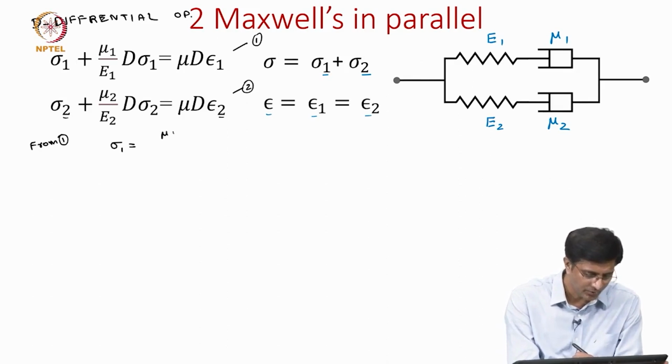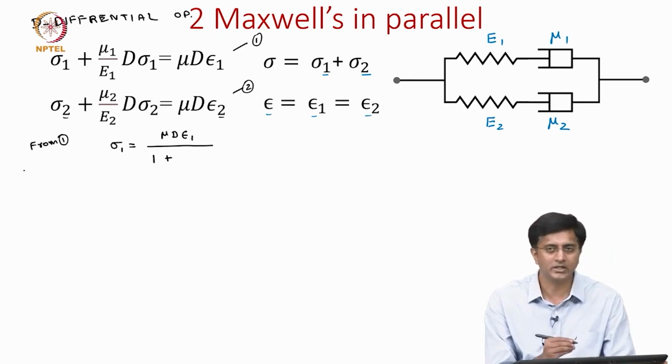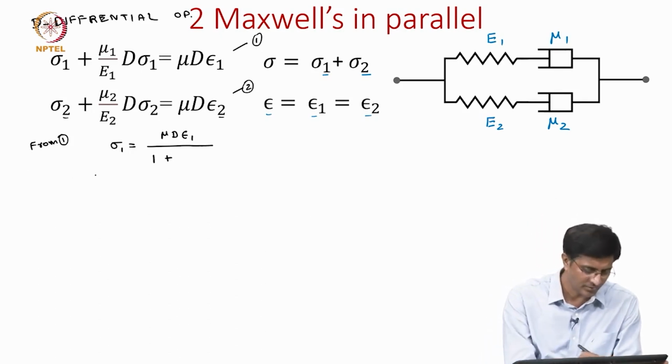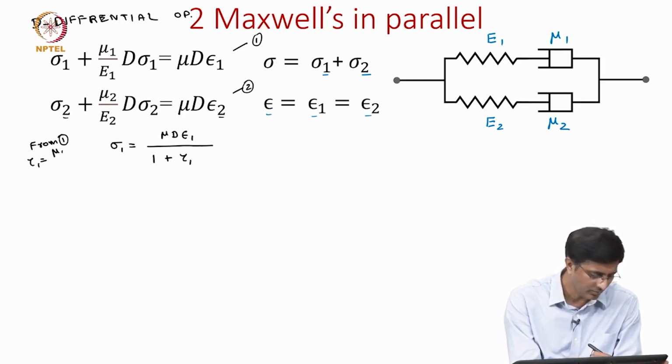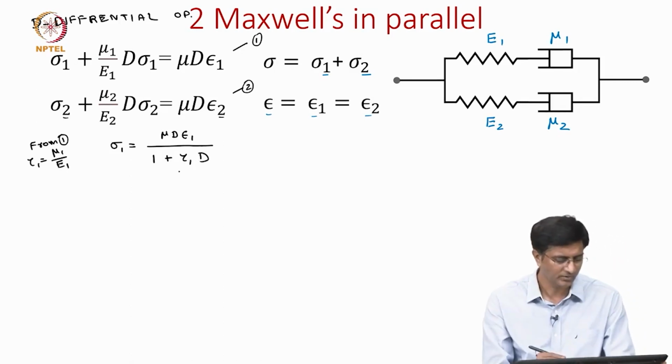So, sigma 1 is mu d epsilon 1 divided by 1 plus tau 1 times d, where I replace mu 1 by E1, which is nothing but the relaxation time, with tau 1. So, tau 1 is simply mu 1 by E1.